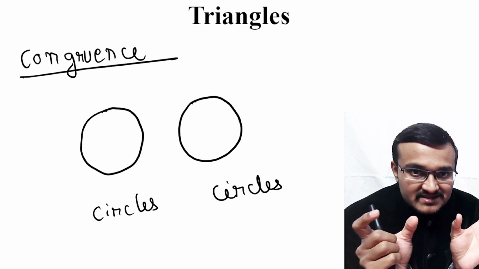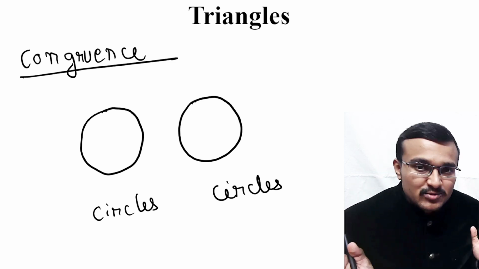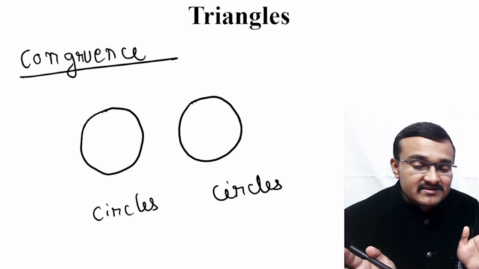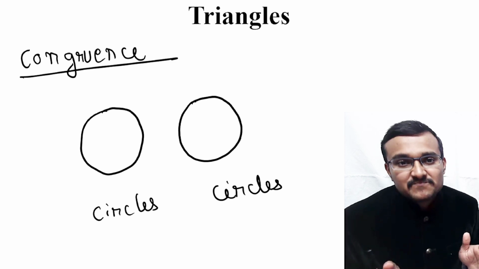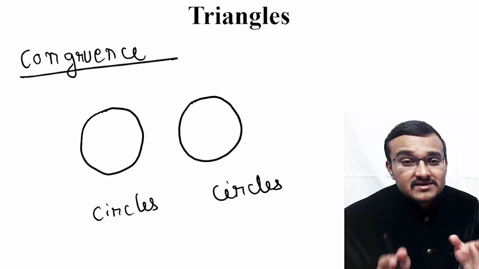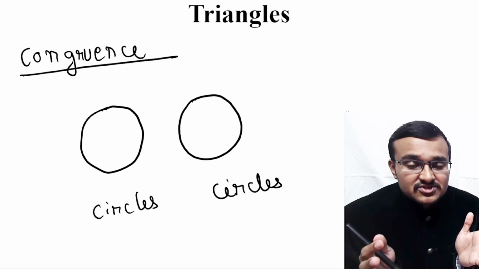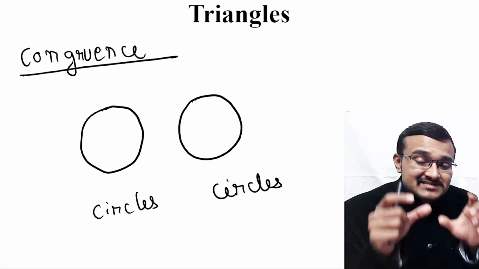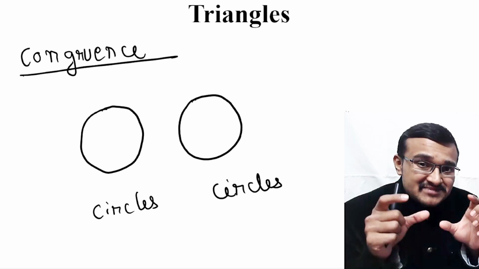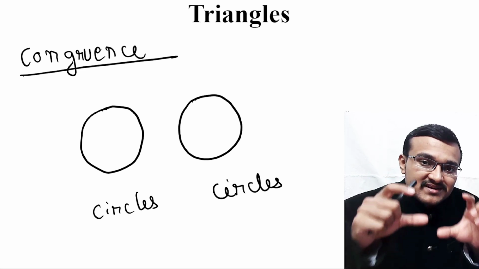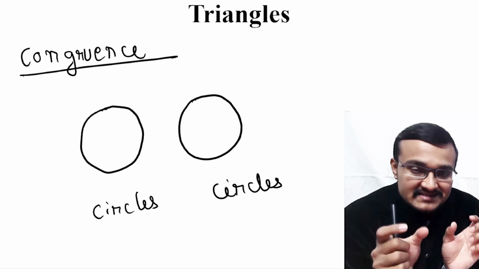So two bangles are there of the same size. Don't worry about the color. We are not dealing with the color of the bangle. We are only concerned about the shape of the object. So two bangles are in circular shape, and these two bangles have the same size. That means these two circles have the same radius.